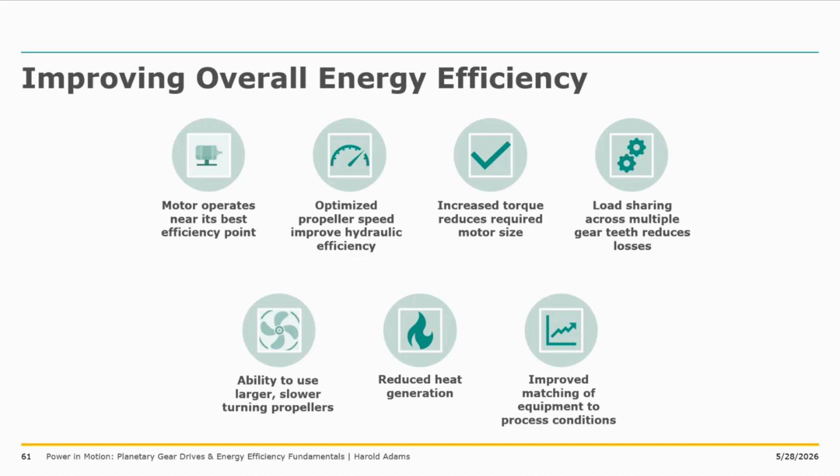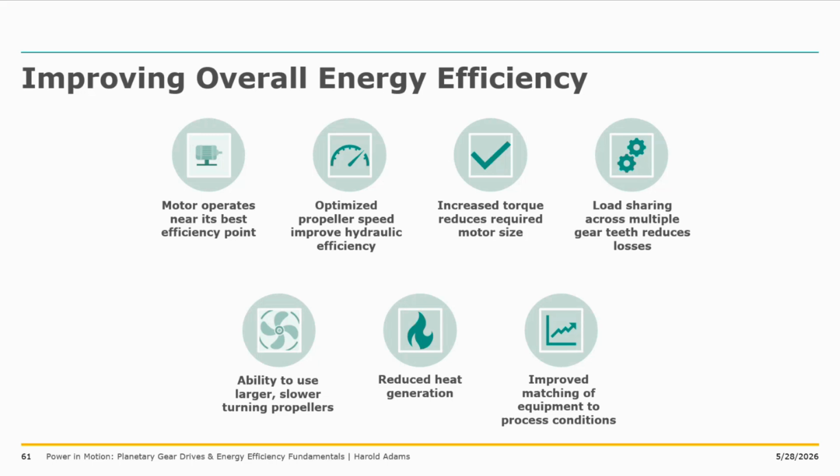We won't go through all of the examples here, but just wanted to bring up several key takeaways for overall energy efficiency in submersible mixers. First one being that the motor operating at its BEP, or best efficiency point, is a net result of less wasted energy in the overall system.